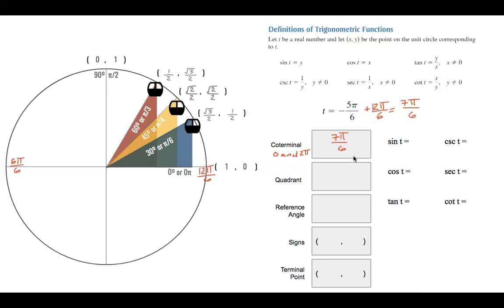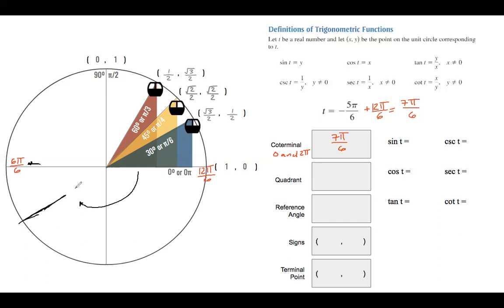But if you feel comfortable using negative angles, that is fine as well. So if this is 6 pi over 6 right here, using the negative, you're coming like this, and you're going to get to minus 5 pi over 6, just before minus 6 pi over 6.